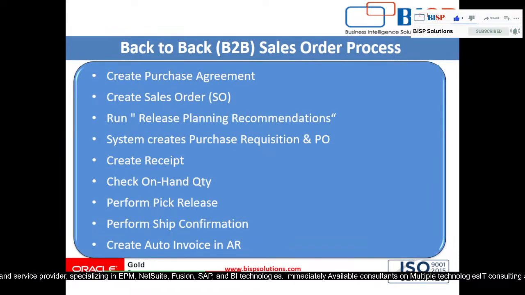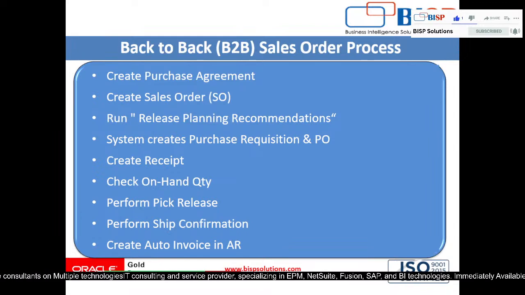Whenever you set this one, the system creates the purchase requisition and PO automatically, right? You can see on the screen, whenever you set the B2B attribute in our application and you create a sales order, the system will create the purchase requisition and purchase order. This is the automation, right?